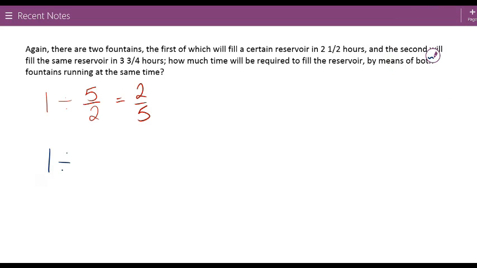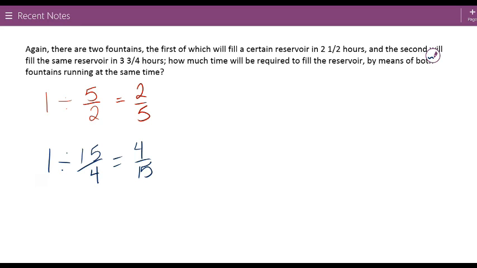So 1 divided by 3 3/4, which is 15/4, is going to give us 4/15. Alright, so the first fountain can fill 2/5 of the reservoir in an hour, and the second fountain can fill 4/15 of the reservoir in an hour.